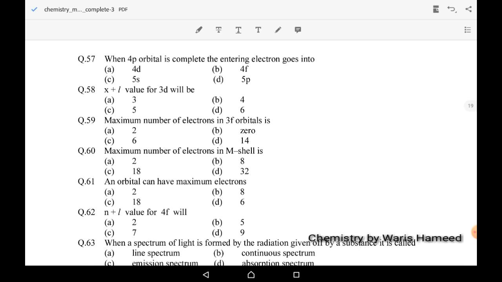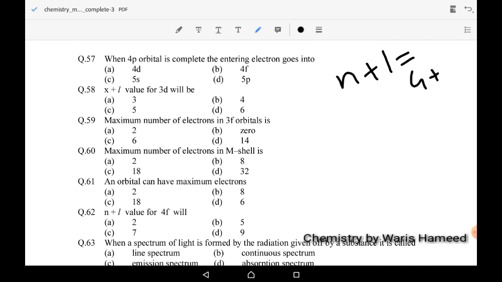When p orbital is complete, the entering electron goes into... We can find this by using n plus L rule. According to this rule, the orbitals are filled by the increasing order of n plus L. In case of 4p, it has the value of 4 plus 1, which is equal to 5.